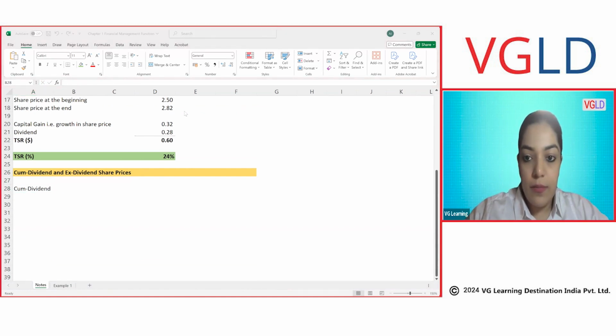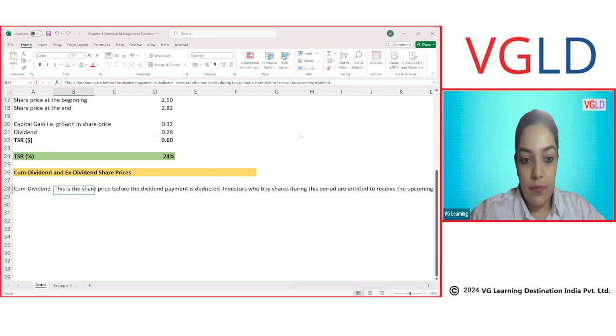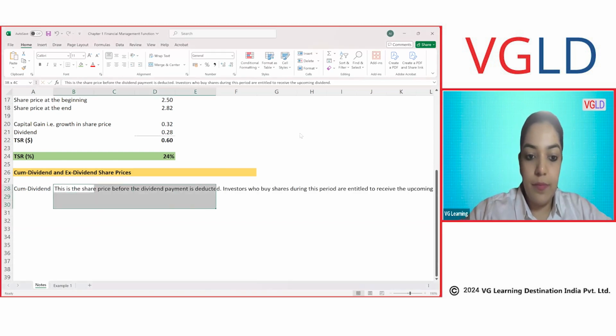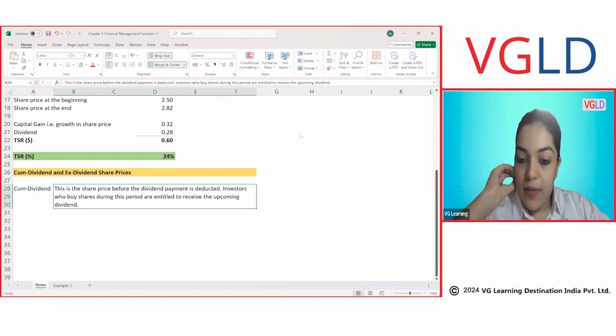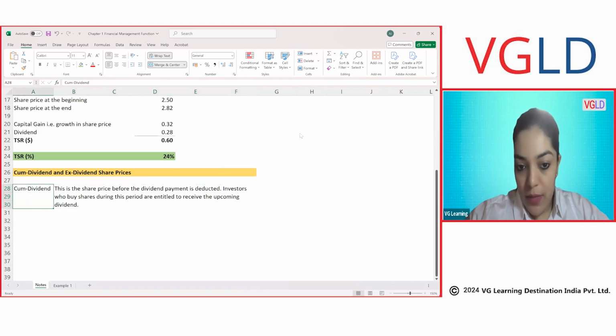Cum dividend means this is the share price before the dividend payment is deducted. Investors who buy shares during this period are entitled to receive the upcoming dividend.